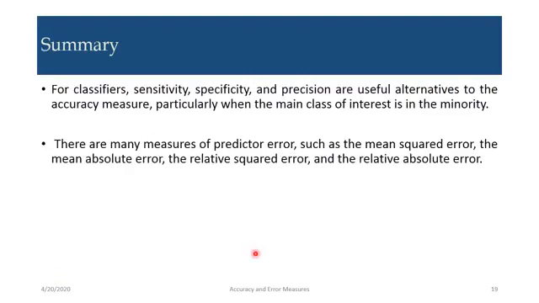Now, summary. For classifiers, sensitivity, specificity and precision are useful alternatives to the accuracy measure, particularly when the main class of interest is in the minority. So here we have to calculate the true positive, true negative, false positive and false negative.